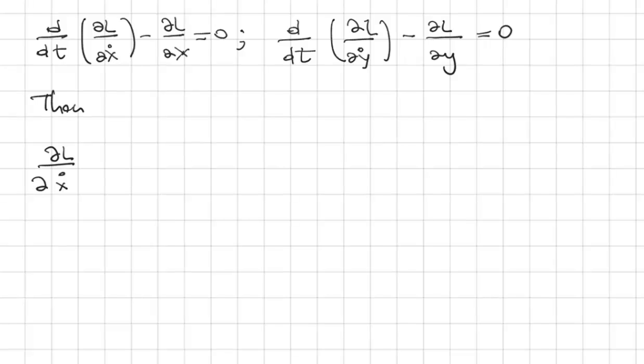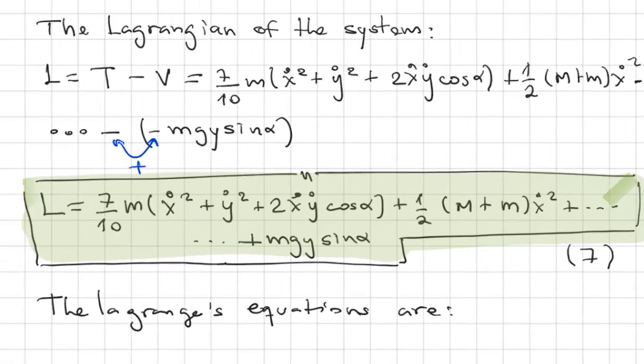Let's go to the Lagrangian real fast. We are calculating the derivative with respect to x dot. So because we are calculating the derivatives with respect to x dot, the last term, mgy sine of alpha, is going to be 0.